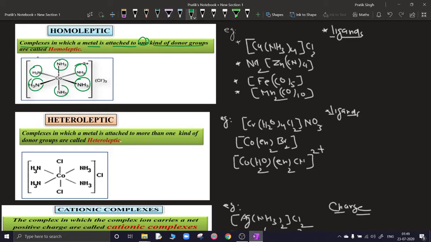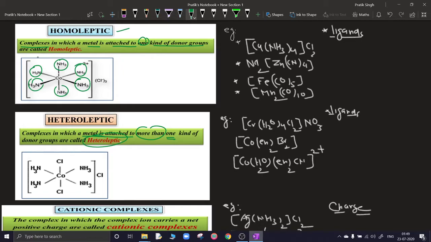So the basic meaning is: if a complex consists of only one type of ligand, then that complex is referred to as homoleptic. But if the metal is attached to more than one kind of ligand, then that is referred to as a heteroleptic complex.